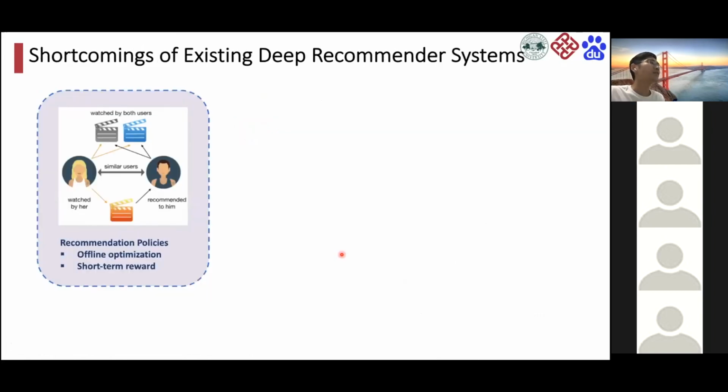Although these deep learning paradigms have advanced recommender systems and have been widely deployed in industry, there still exist some drawbacks in practice. The first one is about the recommendation policies, where most existing deep recommender systems consider the recommendation procedure as offline optimization, and they only focus on the short-term reward.